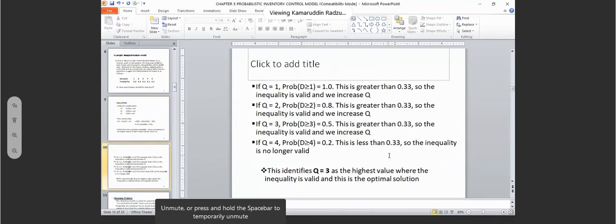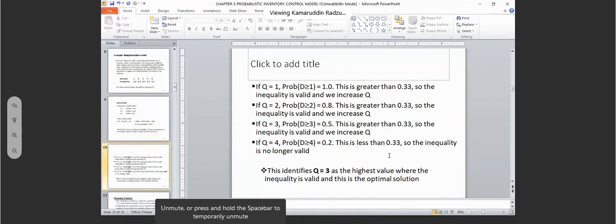So after we have the probability, the general rule of marginal analysis at 0.33, we need to analyze at each of the order quantity.